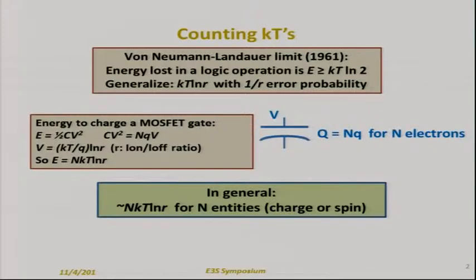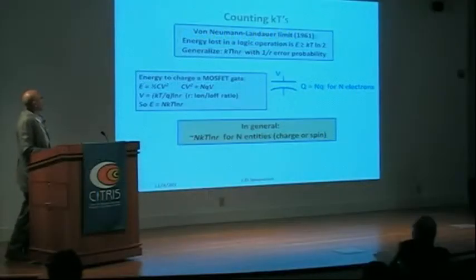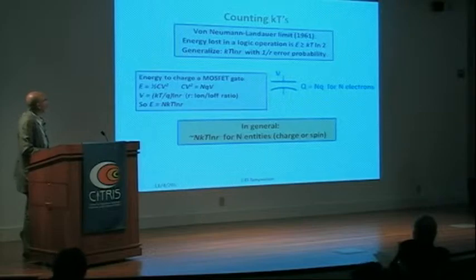And the famous work, and we've seen photographs a couple of times, even this morning at the system level, of the pioneers John von Neumann and Rolf Landauer, who in work way back in the 60s showed on the basis of very fundamental considerations of thermodynamics and statistical mechanics that in any logic operation there was, on the basis of information entropy, a minimum energy dissipation of kT log 2.